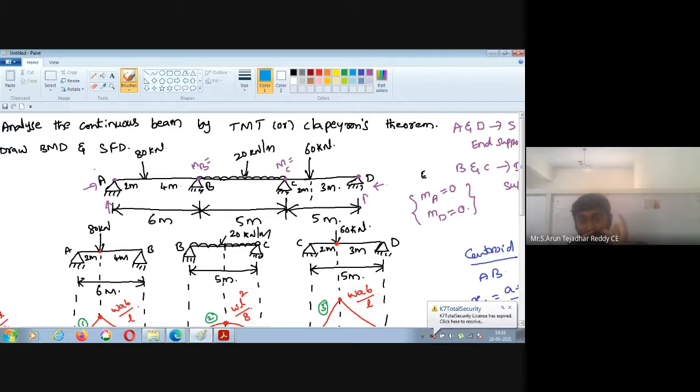After solving equations 1 and 2, we get whatever the unknown values are.